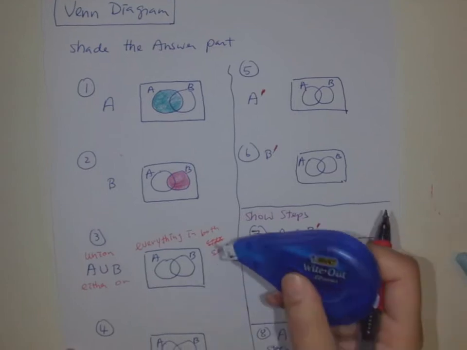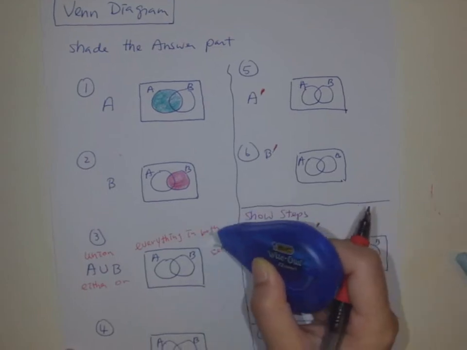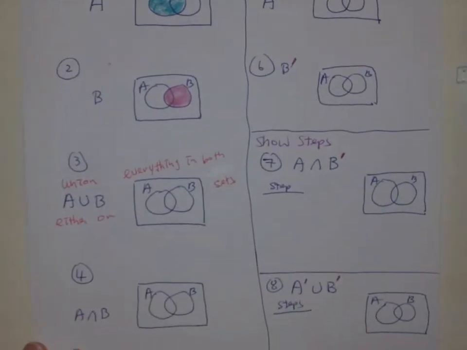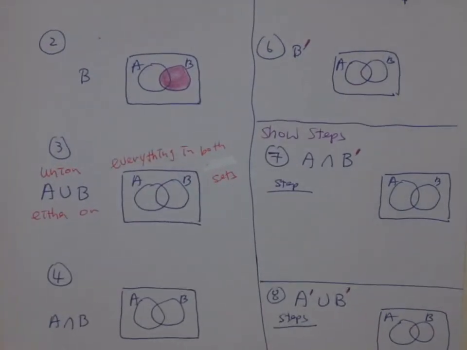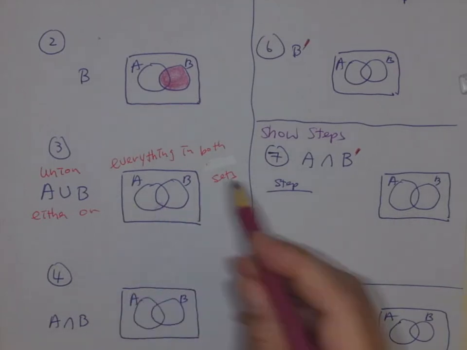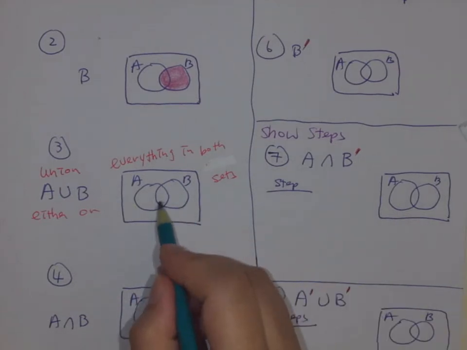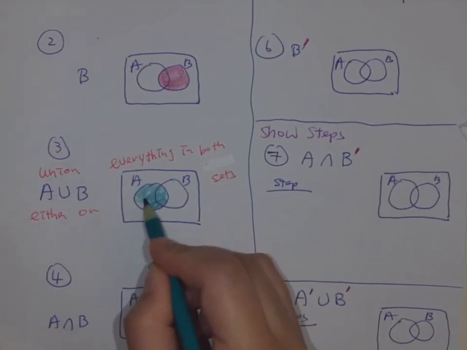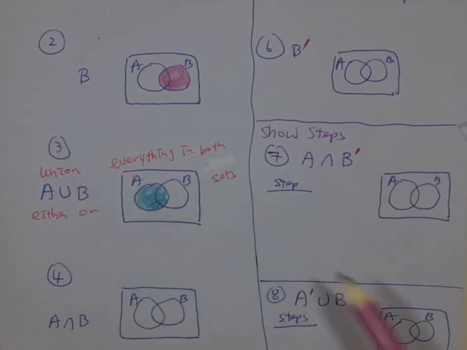So everything in both sets, which means anything in A or anything in B or both of them would be part of my answer, right? So everything in A is my answer. So I can shade my A, right? But also everything in B.